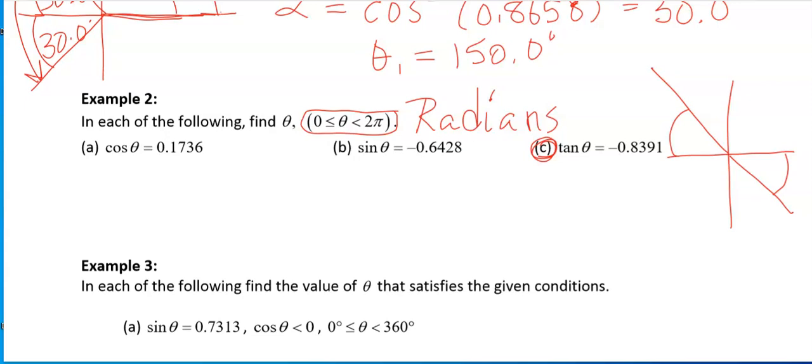Now make sure your calculator this time is in radian mode, because you're going to be getting your answers as decimals here now. And for radians, it's important to use 2 decimal places. Why do you need 2 decimal places for radians? Well, because radians are a lot bigger than degrees are. 1 decimal place for a degree is actually pretty accurate.